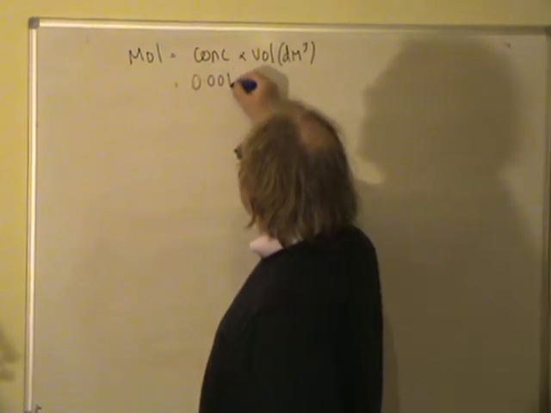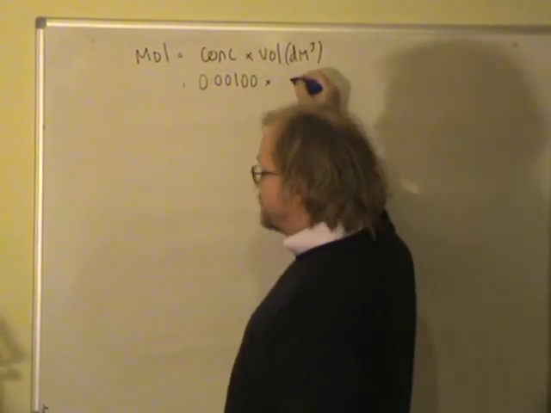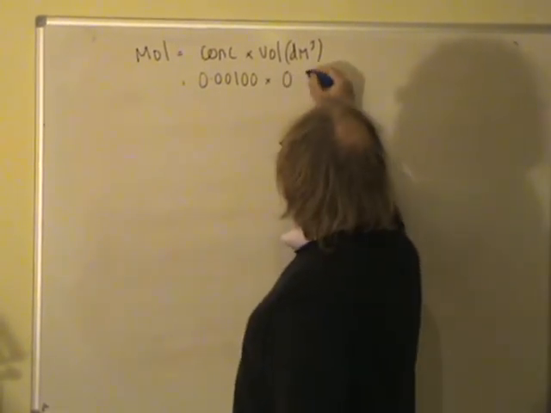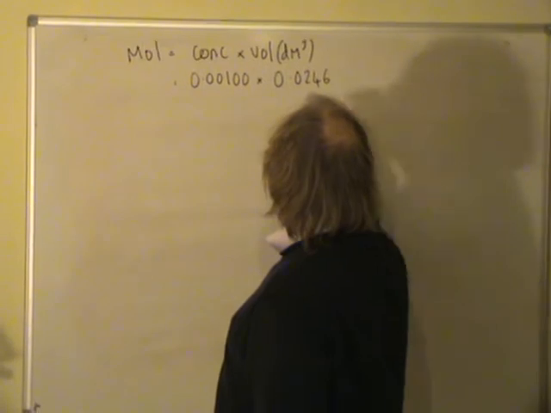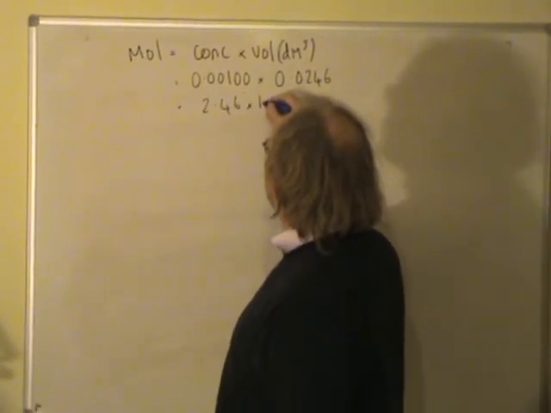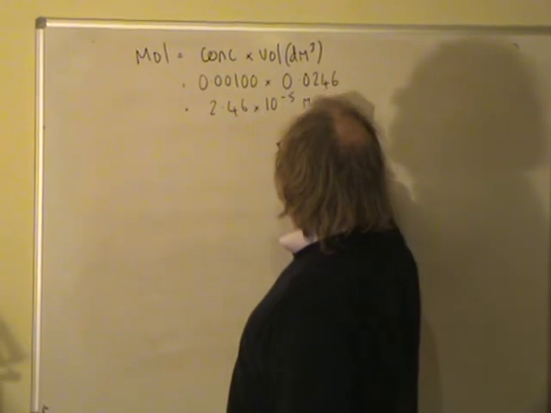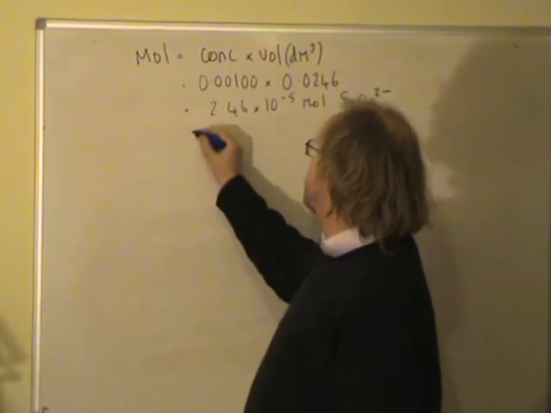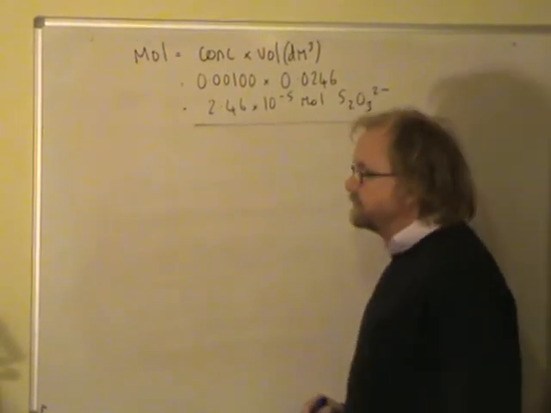Okay, so that's 0.00100 times 24.6 cm cubed, remember, has got to be divided by 1,000, so 0.0246, which is 2.46 times 10 to the minus 5 moles of thiosulfate in the titration. That's the first step.